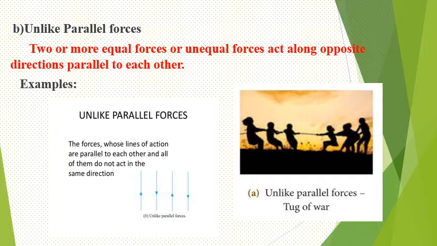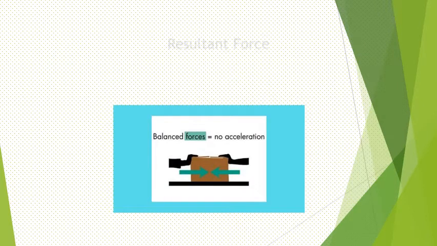And the next topic is the resultant force. Before we learn about resultant force, we have to know what a resultant is. When several forces, a lot of forces, act simultaneously on the same body, the combined effect of the forces is termed the resultant force.